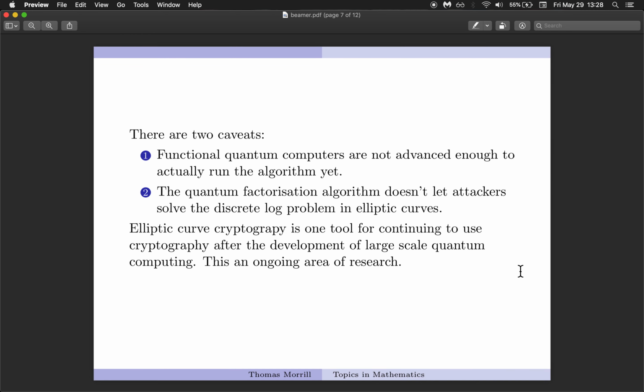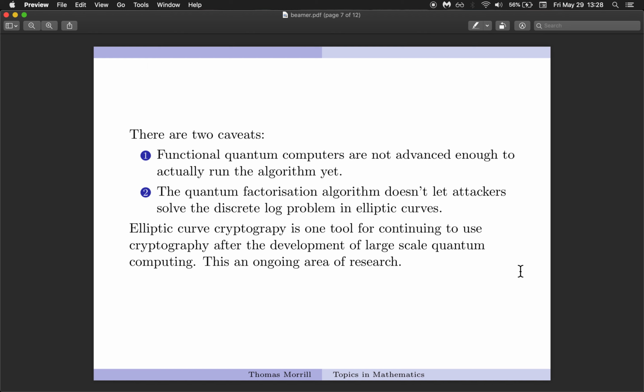The first catch is that we don't yet have quantum computers that are big enough to actually run the algorithm. So we know what all the steps of the algorithm would be, and they are steps that you need a quantum computer to make, and not just an ordinary, traditional computer. But at this point, the actual hardware is still experimental.